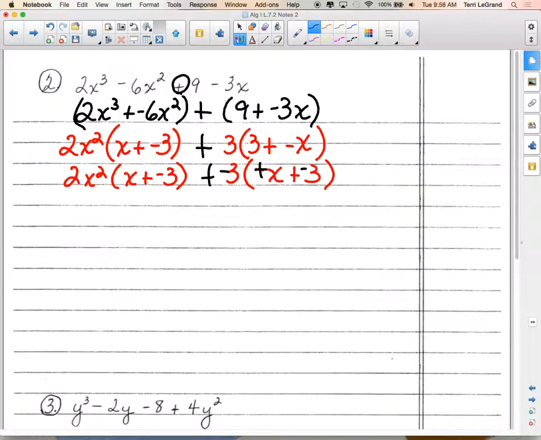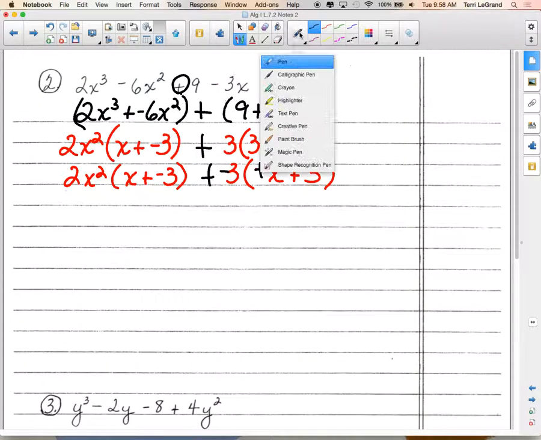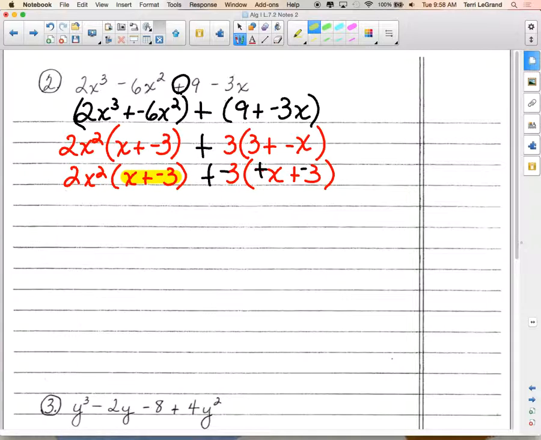So that's huge. Don't even move on at this point if you do not have matching binomial factors right here. They have to be exactly the same because they become, remember, the GCF of the whole group. So instead of x plus negative 3, we'll make it x minus 3. GCF of each group comes out.